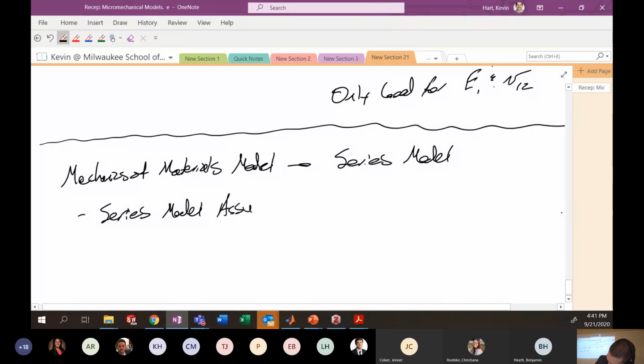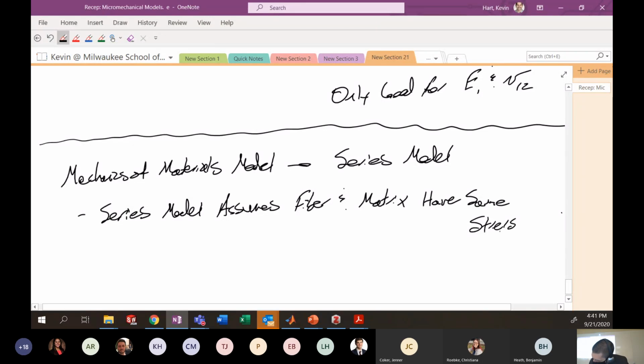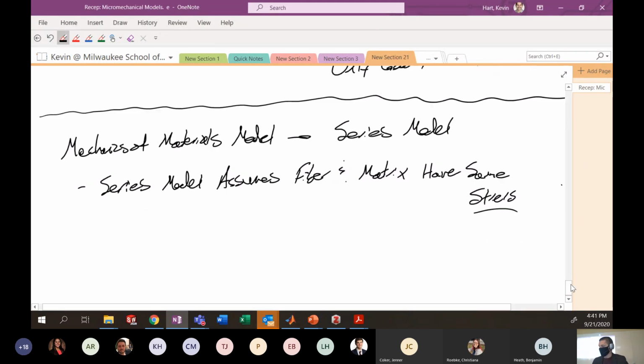All right. So the series model assumes fiber and matrix have the same stress. Previously our model said that the components had the same strain.